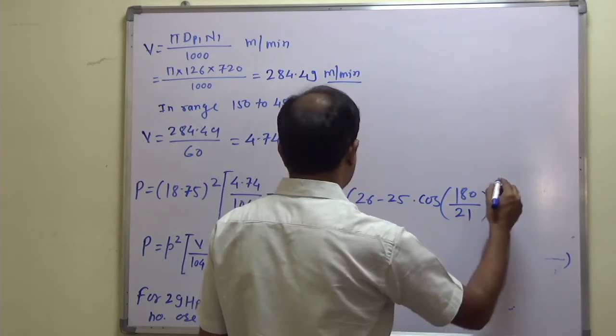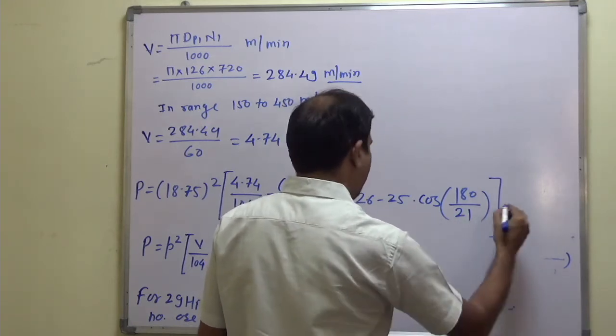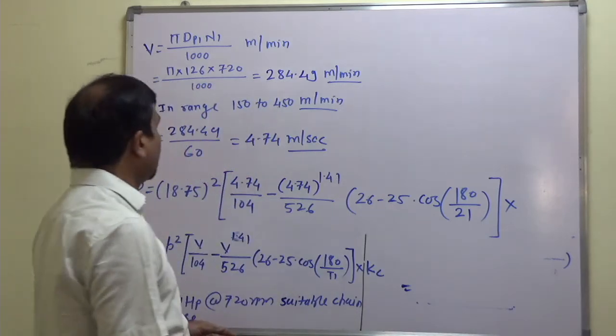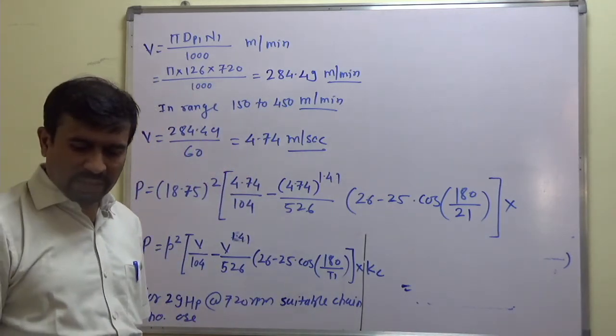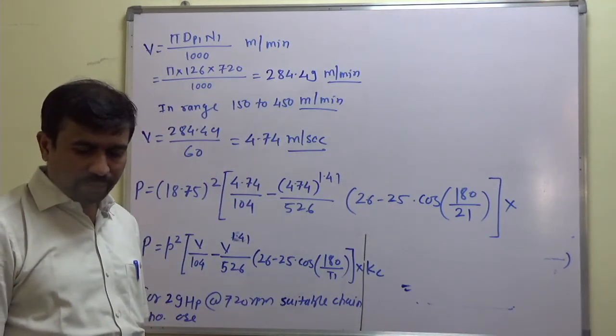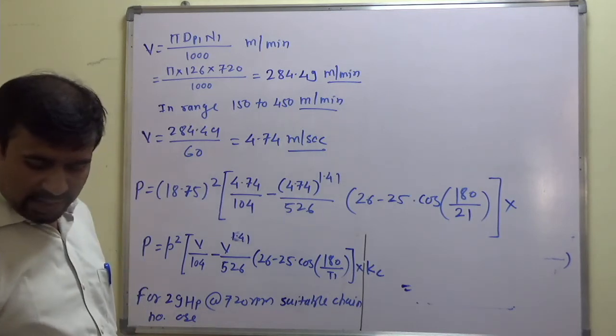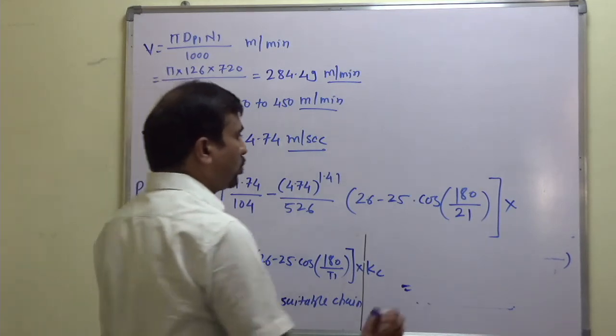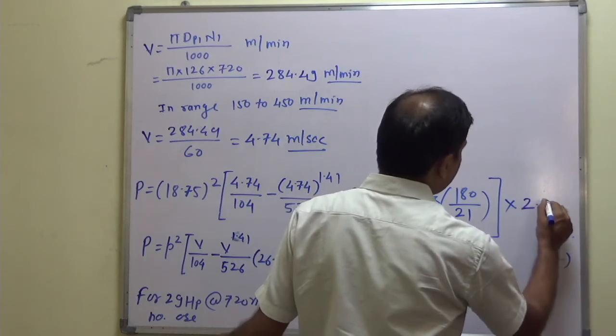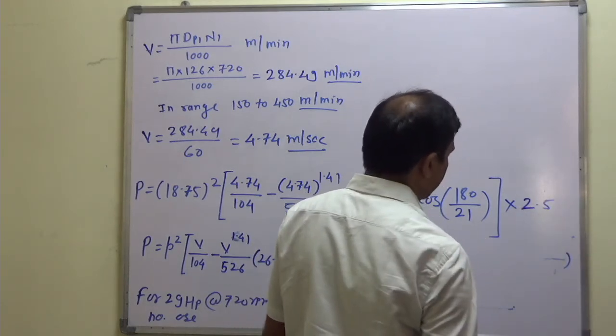Complete this and then multiply by Kc. Now the number of strands we have selected is triple strand. For triple strand Kc is equal to 2.5, that you can see in table number 14.1.